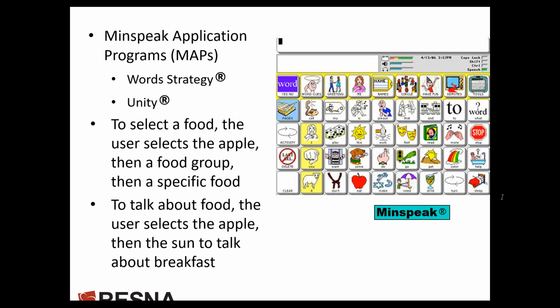Words strategy was an earlier MinSpeak application program. Unity is the newer language system that has also led to the foundation of the LAMP Words for Life and Core Scanner language systems that a lot of people are using nowadays.